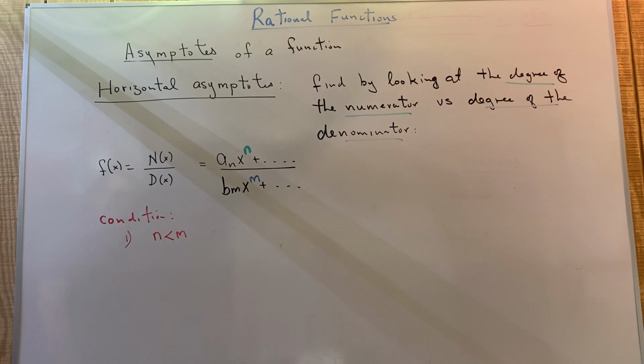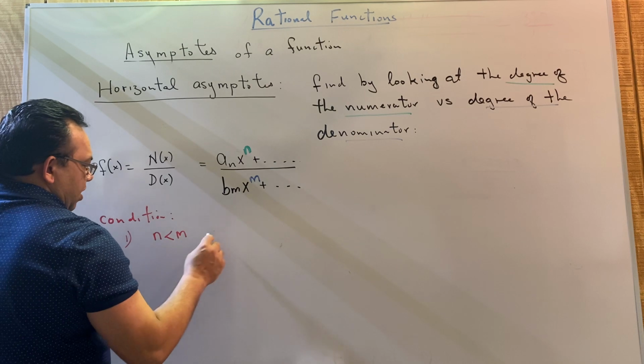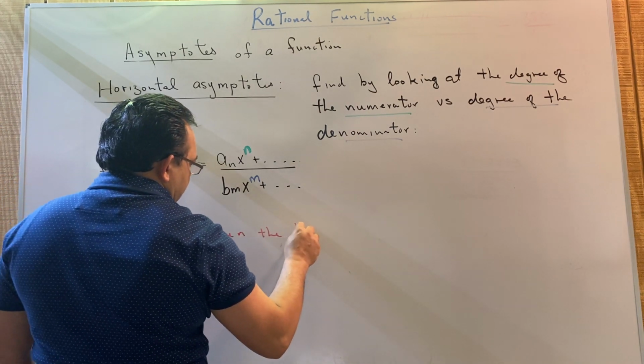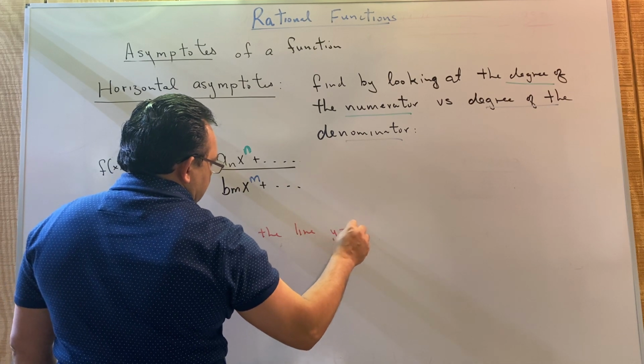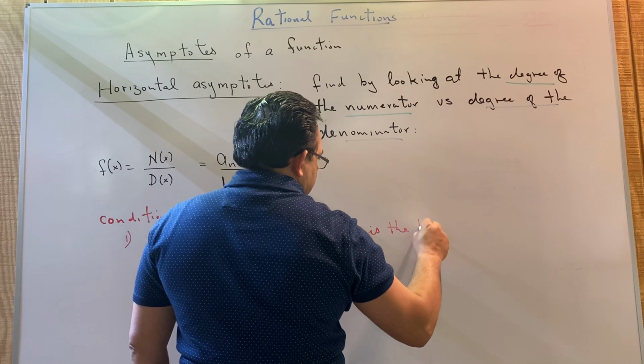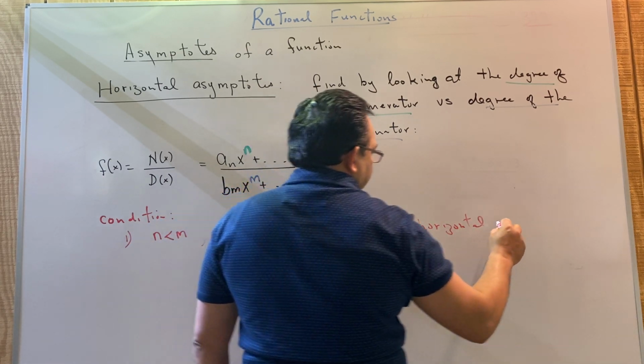If n is less than m, if the power in the numerator is smaller than that of the denominator, then the line y equals 0 is the horizontal asymptote.